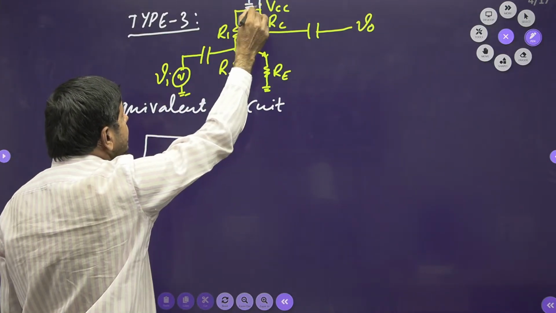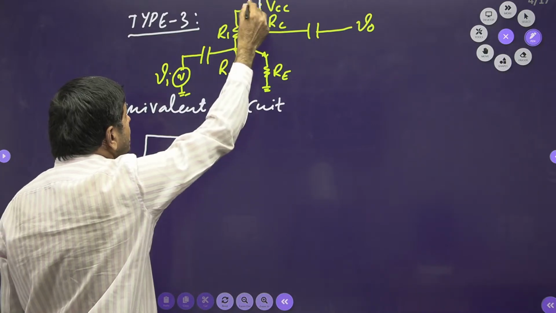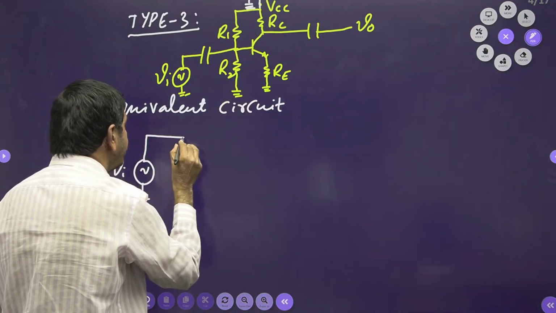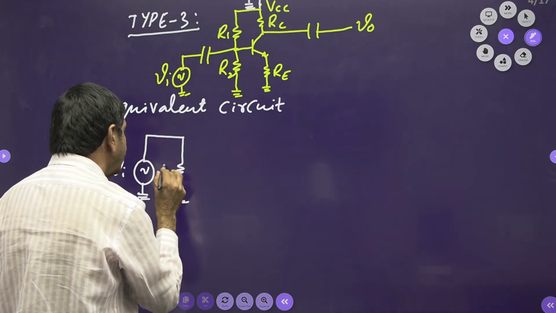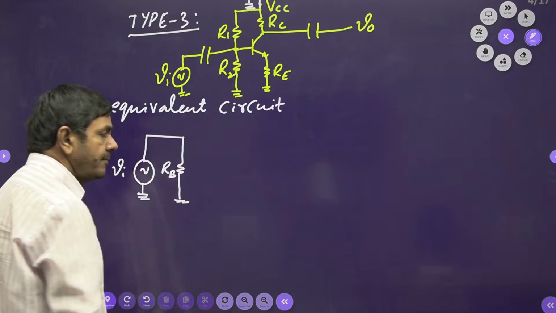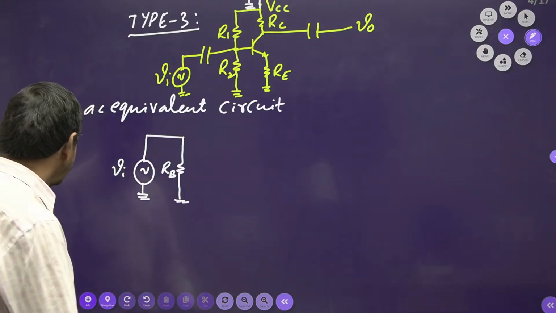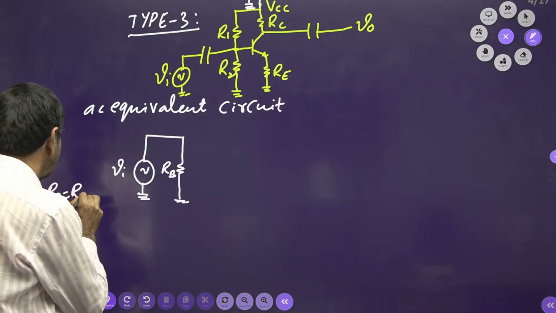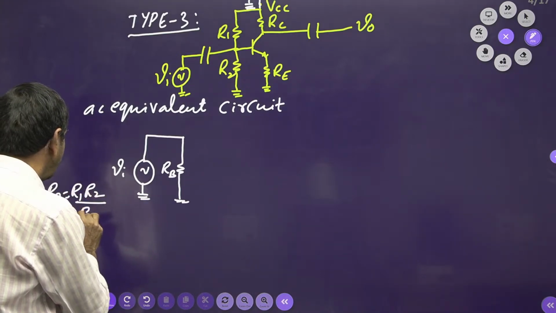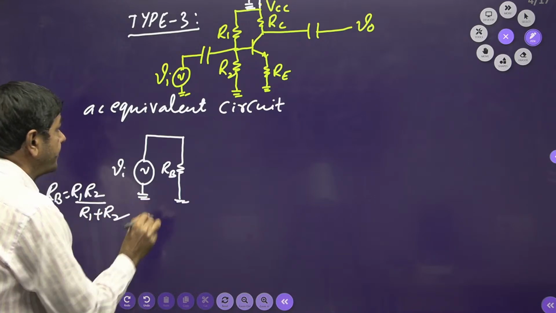R1 to the ground and R2 to the ground are both in parallel, so I can get one base resistance, which I take as RB. Already I said how to get RB: RB is R1 times R2 divided by R1 plus R2.